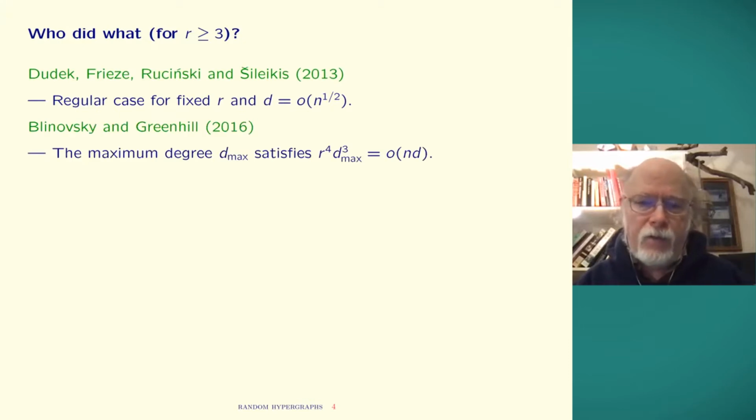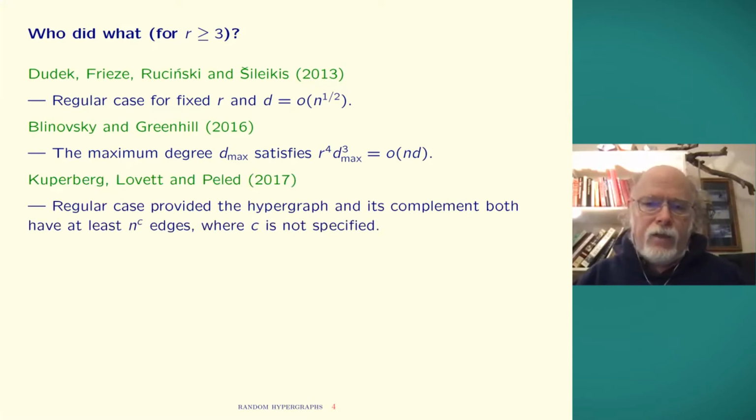Blinovsky and Greenhill counted those hypergraphs where the maximum degree satisfies that equation there. So in the case of regular ones, this is a similar condition to Dudek, Frieze, Ruciński, and Šileikis, but Blinovsky and Greenhill's result allows the edge size to increase as a function of the number of vertices and allows a variation of degrees. It's not only the regular ones, as long as it satisfies that inequality there.